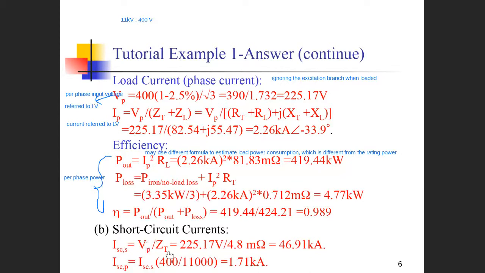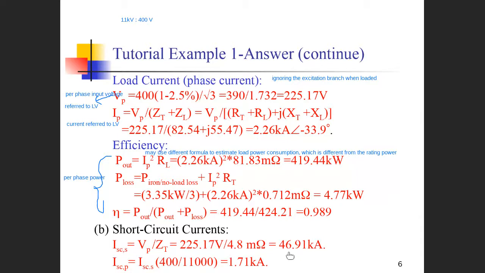Now, for the short circuit case, the per phase short circuit secondary current. The loading impedance becomes 0. This is easy to understand. When it is short circuit, the per phase input voltage and the per phase total impedance, which is the transformer itself.